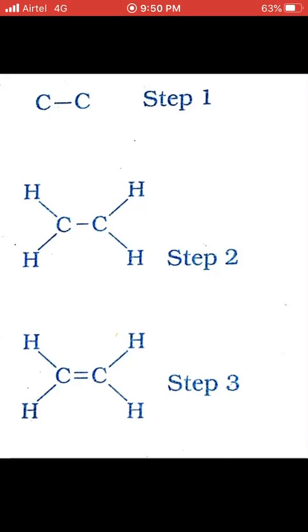Attached or not? I think attached. So this is a saturated one. But in the second case it is also unsaturated, because if we count the 4 bonds of a carbon, there are only 3. So this is also not the right formula. Step 3 has double bonds, so this can be considered unsaturated.